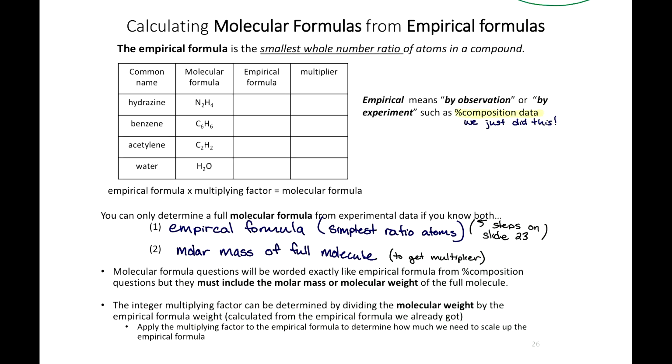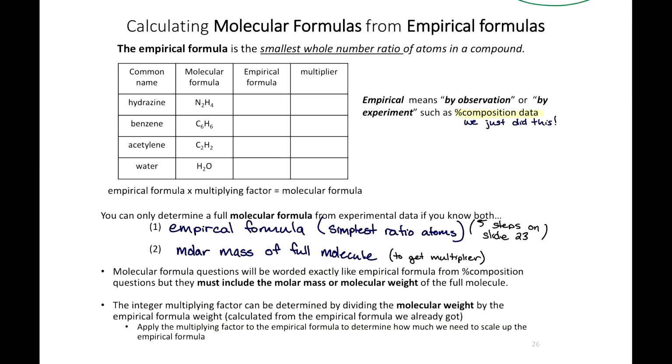So when scientists did these percent composition experiments, they could only, from percent composition data, calculate the empirical formula. In order to calculate the molecular formula of the full molecule, we actually have to introduce another experiment.